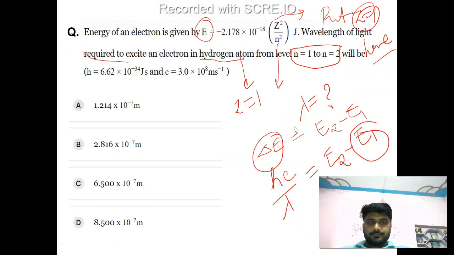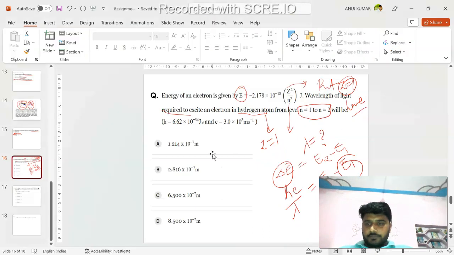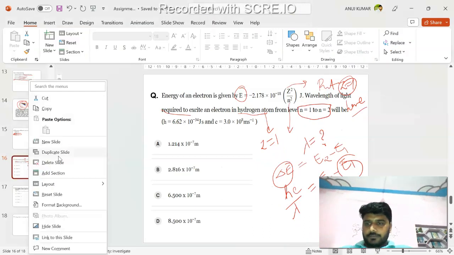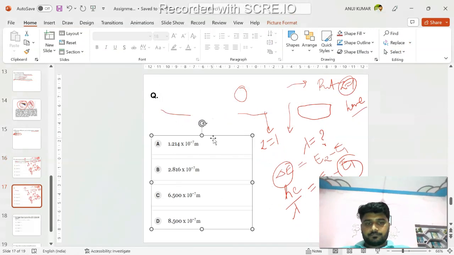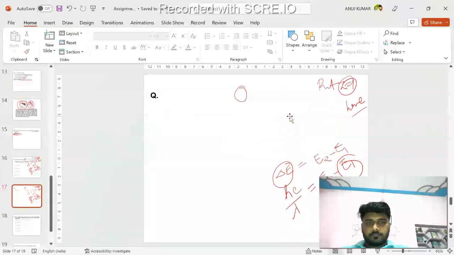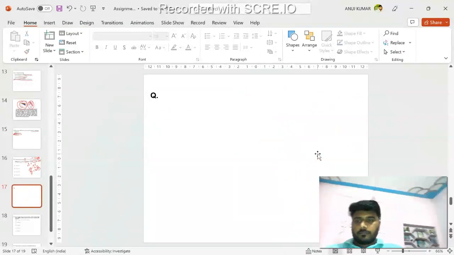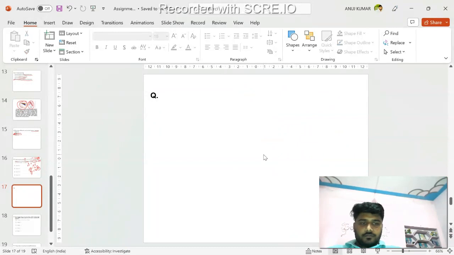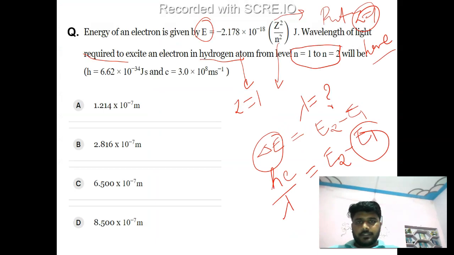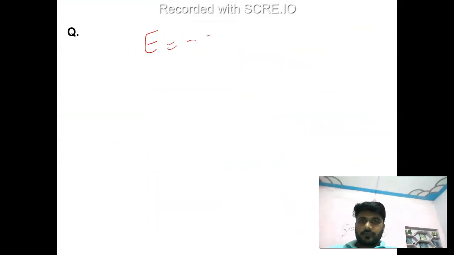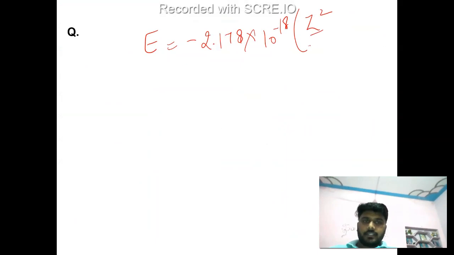Have you got it? Okay, let me solve it. If I'm writing here the expression for energy, that is E is equal to minus 2.178 into 10 raised to minus 18 Z square by n square.